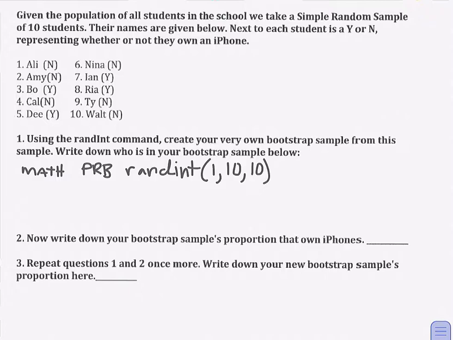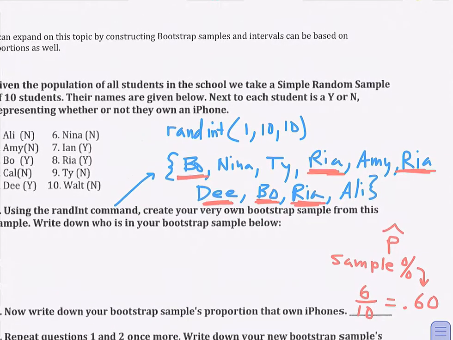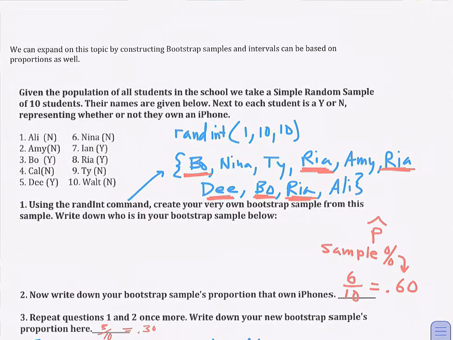Well, I did that already on the next page, which could save me a little discussion. So when doing that, I end up getting student number 3, student number 6, student number 9, student number 8, student number 2, 8 again, student number 5, and so forth, student 3, another 8, and student number 1.